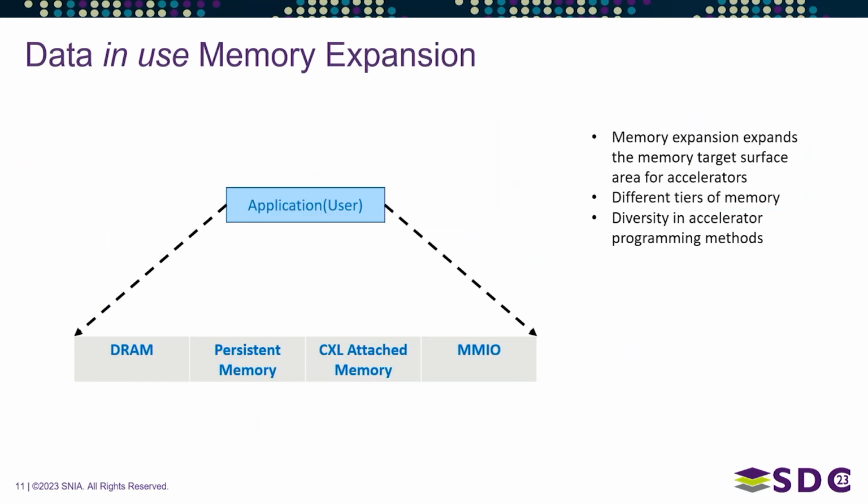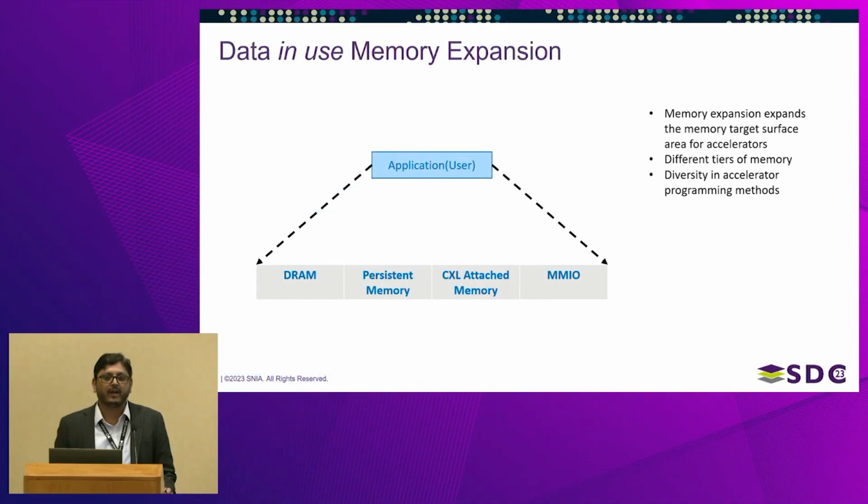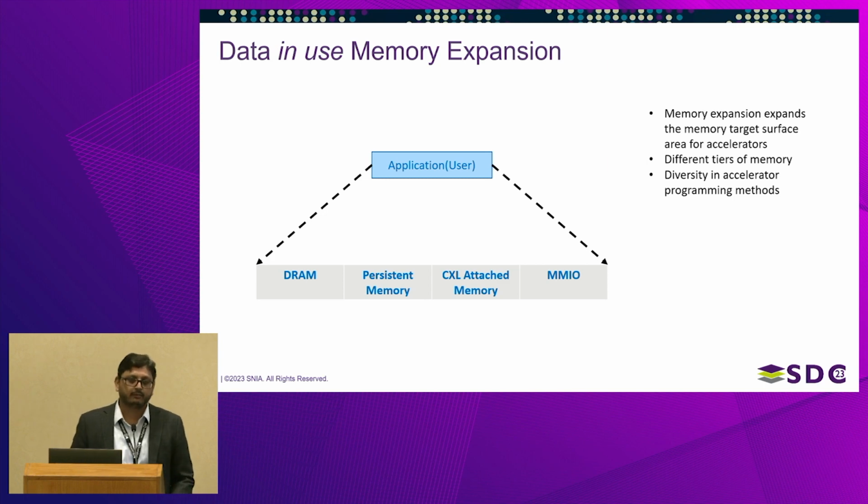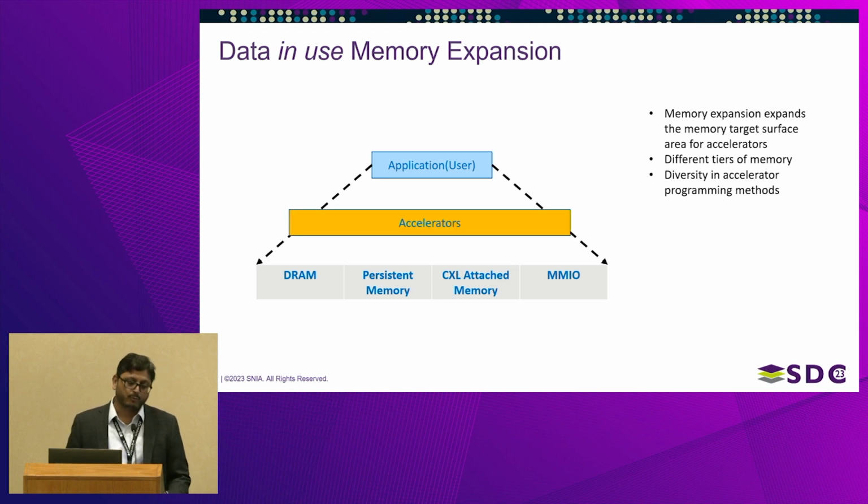Something else, like we talked about, is the memory expansion itself. I mean, you had DRAM on DDR buses, and now you're expanding them to far memory with CXL-based fabrics, and you want to be able to reach different tiers of memory. Remember, all of these have different kinds of memory characteristics.